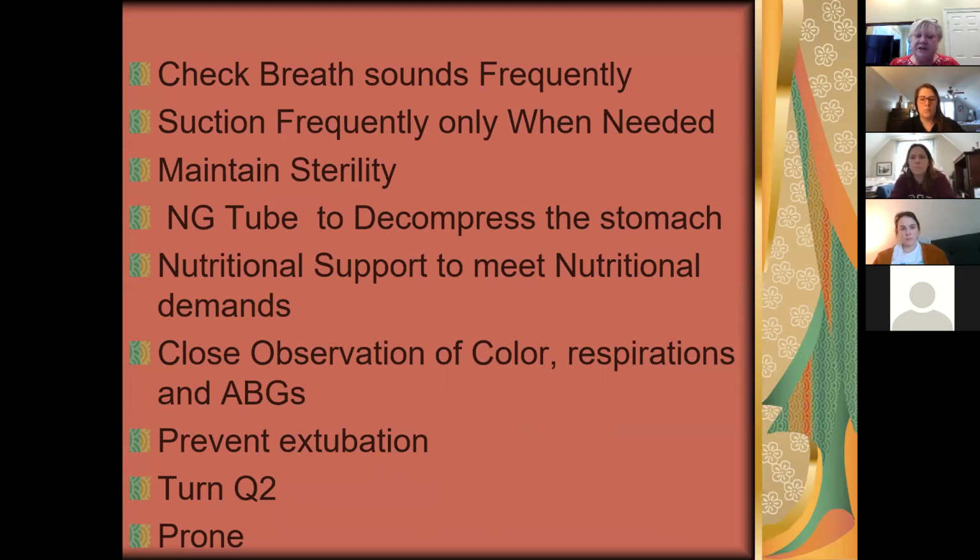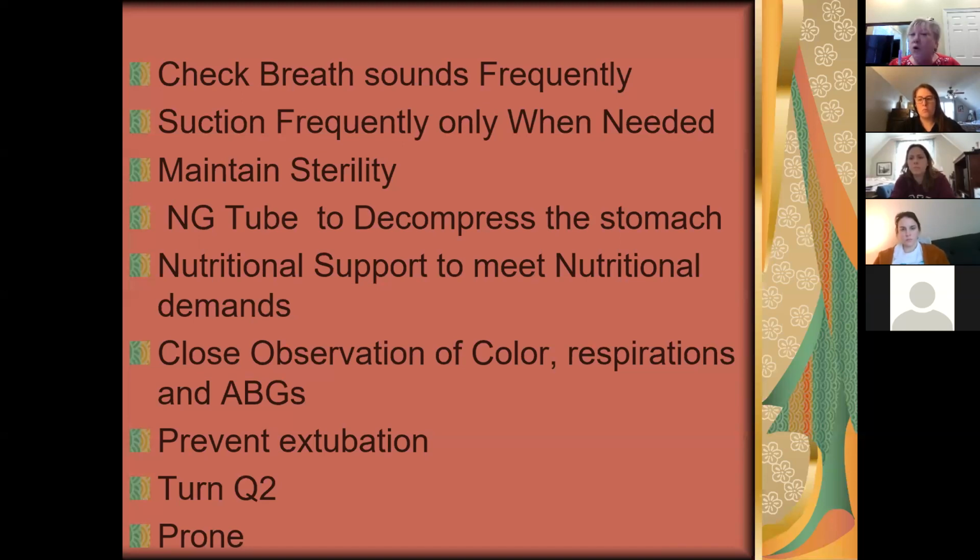You suction when your patient's breath sounds say they need to be suctioned. But you do not say, oh, I suction Q2 regardless. That is wrong. You suction when your patient needs to be suctioned. It is a sterile technique. Suctioning is aseptic. It is not clean. You use sterile technique when you suction.